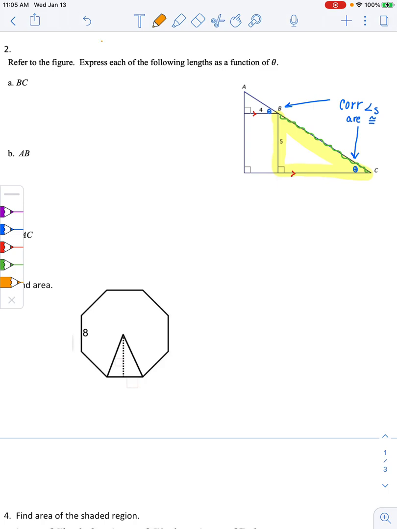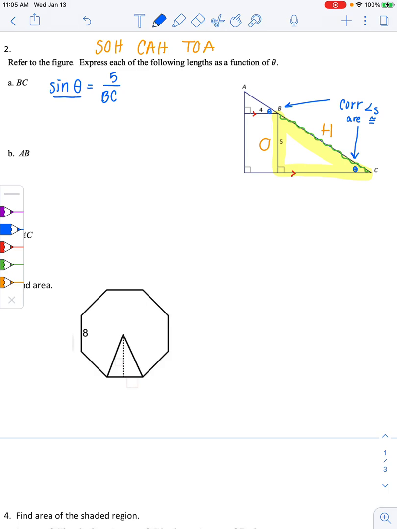I'll even write out SOHCAHTOA again. We have the opposite and the hypotenuse. So that tells you we're going to be using sine. So sine of my theta, that angle of focus, equals my opposite over what I'm finding, BC. That's the length I'm finding.